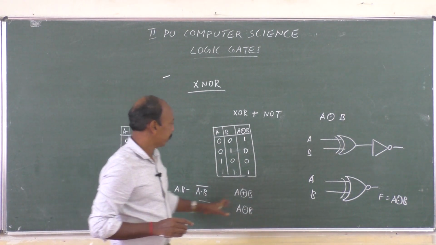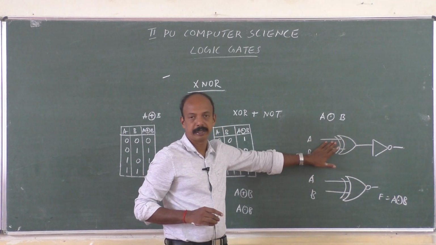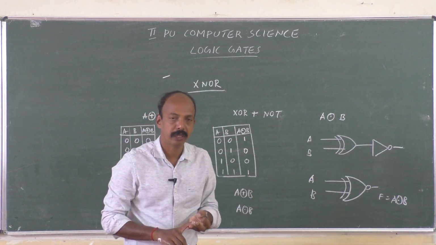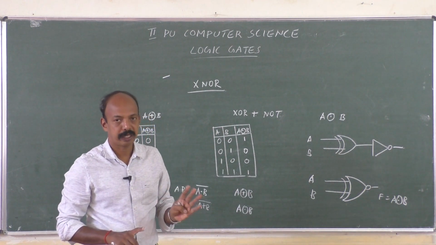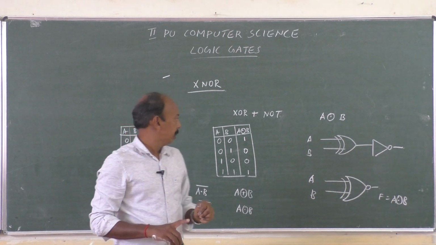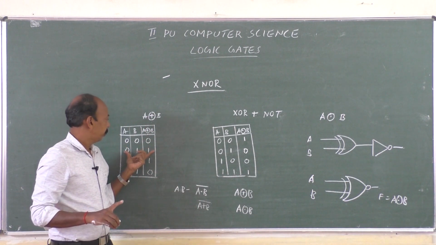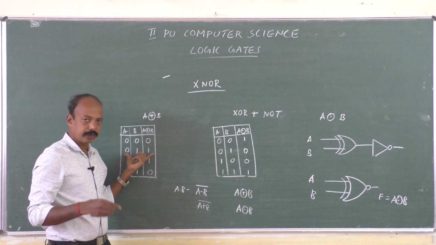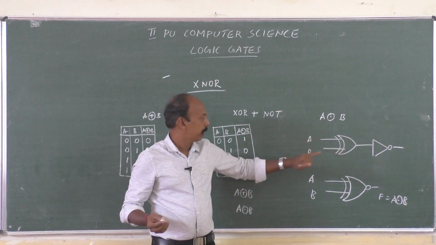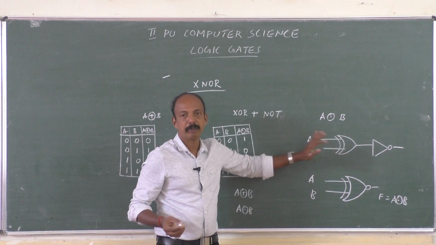Then symbolic diagrams, if asked, we have to draw: how it is for NOT, OR, AND, and similarly for XOR, XNOR, NAND and NOR. Usually a 2-mark question for the truth table will be asked, and for 1 mark the logical representation or symbolic representation will be asked.